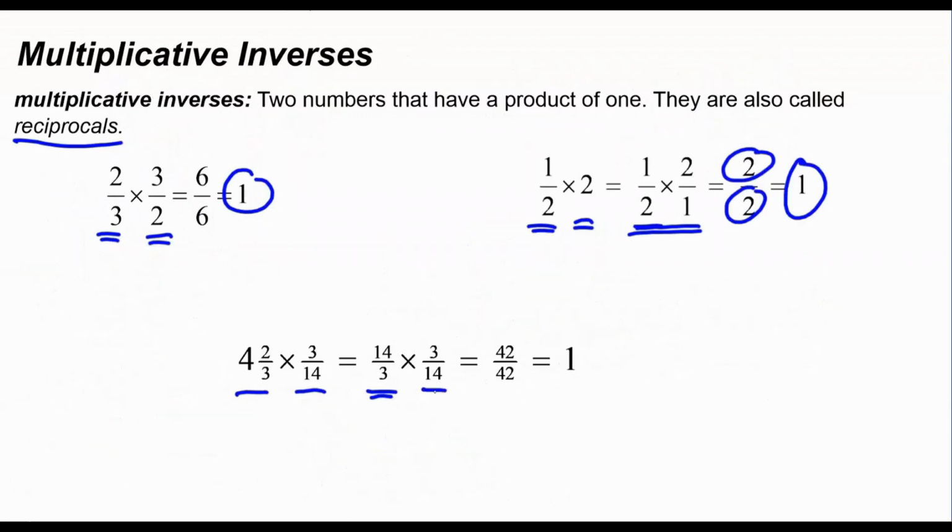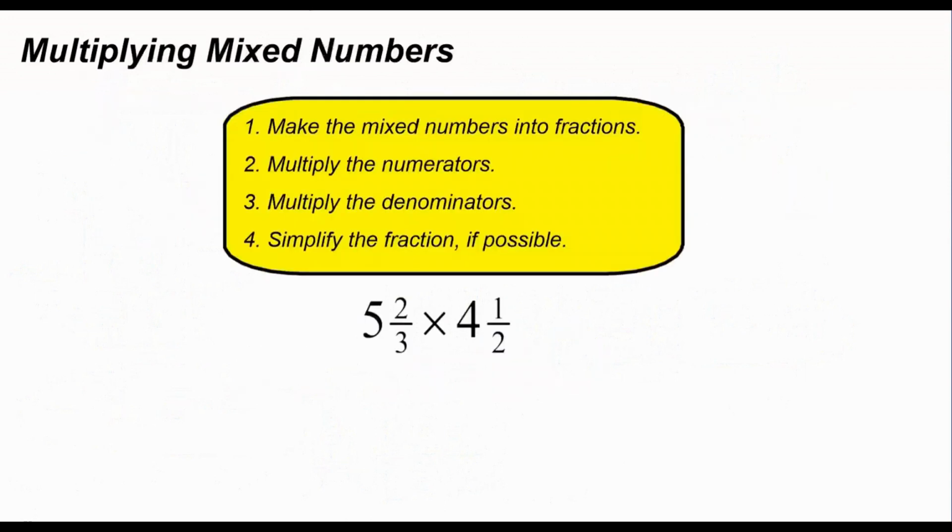So 14/3 and 3/14 are those mirror image fractions of each other, or reciprocals, that are called multiplicative inverses, because when we multiply them together, we get the same thing in the numerator as we do in the denominator, 42 over 42, which is always equal to 1. And that's a very important thing to know when it comes to learning pre-algebra or algebra in the future, is this concept of a multiplicative inverse.